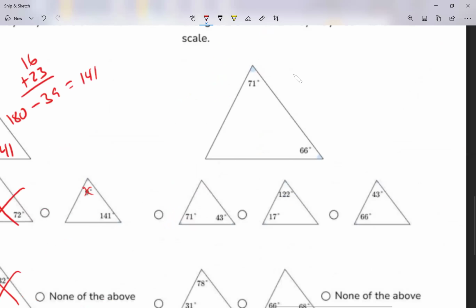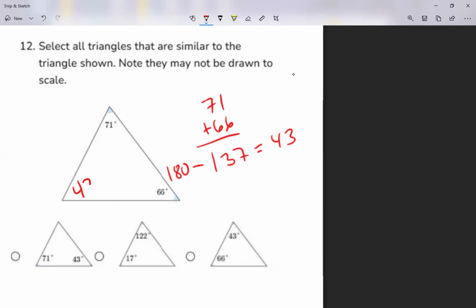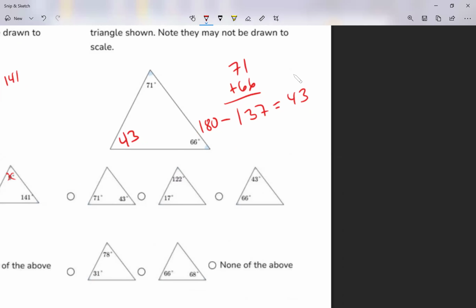Okay. Lastly, 71 plus 66, that's 137. Subtract that from 180, so 180 minus 137 is 43. That gives me my third angle here. Do I have the angles 71 and 43? Yep, I do. Do I have the angles 17 and 122?